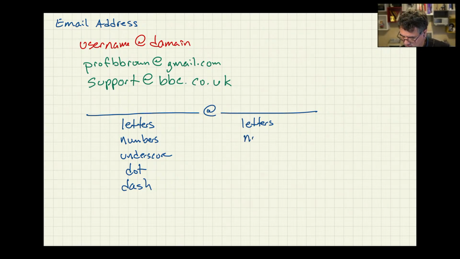You got letters, numbers, dot, dash, and that's pretty much it. And then you're required to have another dot. And then some letters, and then you got to loop that.